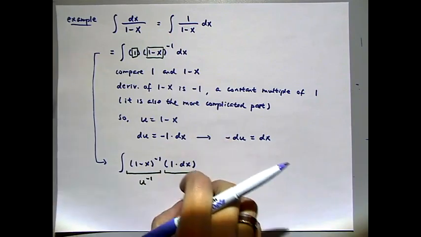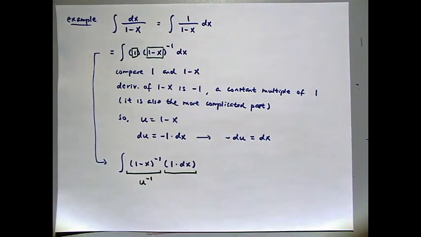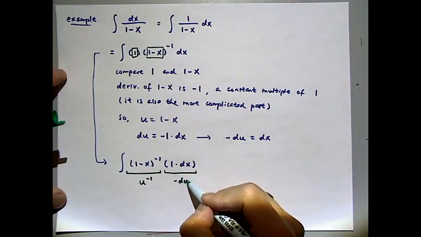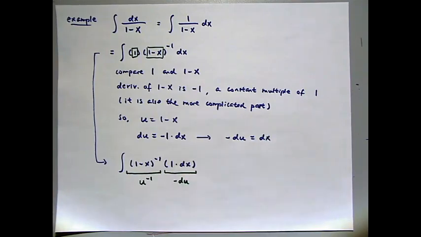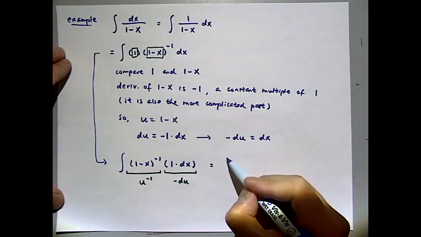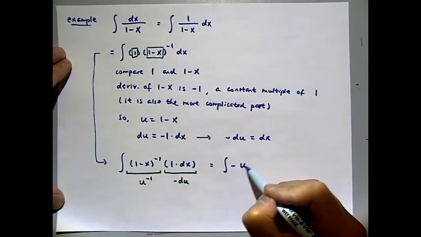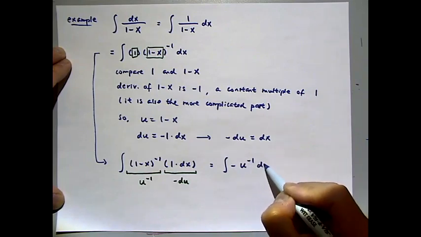You can adjust this by multiplying and dividing constants. So that's negative du, and that turns into minus 1 times u to the minus 1 du.